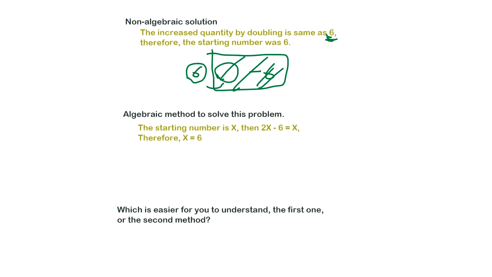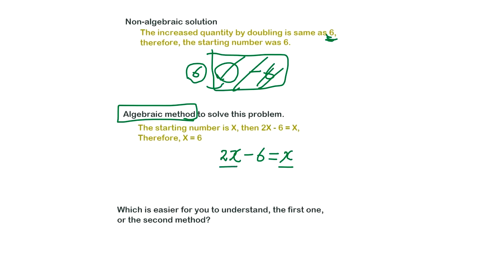Sometimes it's hard, right? Okay, let's use the algebraic method. Algebraic method means using the unknown value x. So you start with the number x, you double it, so 2x, and subtract 6 equals the same number x, the original number.